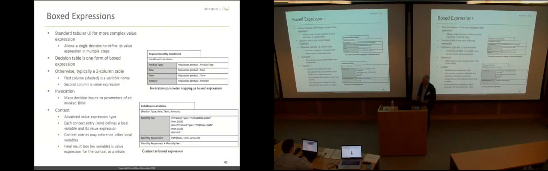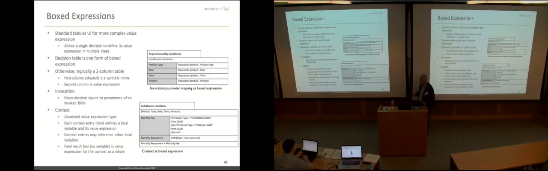So decision tables are one form of boxed expressions, but most boxed expressions are really these two-column things, where the left column names a variable, and the right column is a FEEL value expression, which is normally something quite simple, just a simple mapping. But it could be a more complex expression like this. It could even be a whole decision table.